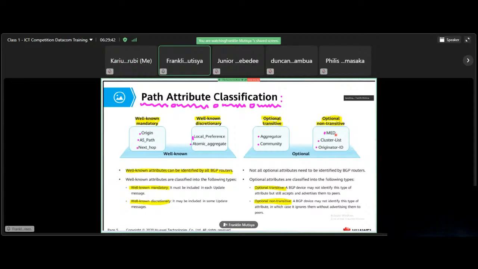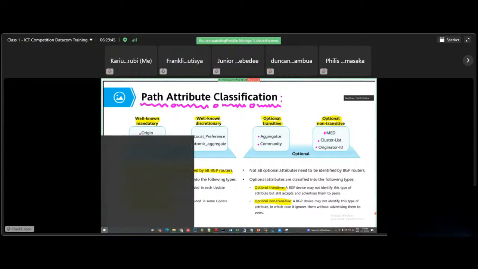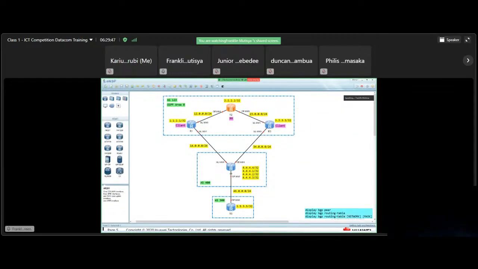For instance, we have a topology here that is a good example of where we need to configure something like MED, multi-exit discriminator. That is used to identify a suitable part of the autonomous system where traffic can leave the autonomous system. It can either be on this side or traffic can be allowed to move from this side. We call it the multi-exit discriminator attribute.